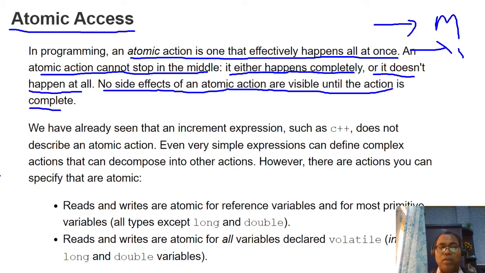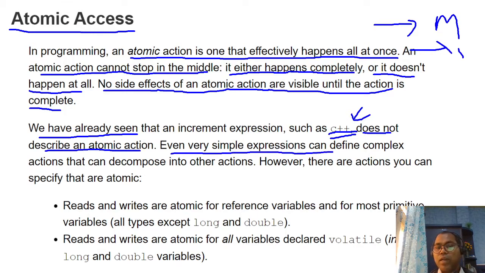We have already discussed the plus plus operation. It looks like one operation, but it is not. It is not described as an atomic operation. Even a very simple expression can be defined as a complex action, so it decomposes into multiple steps.